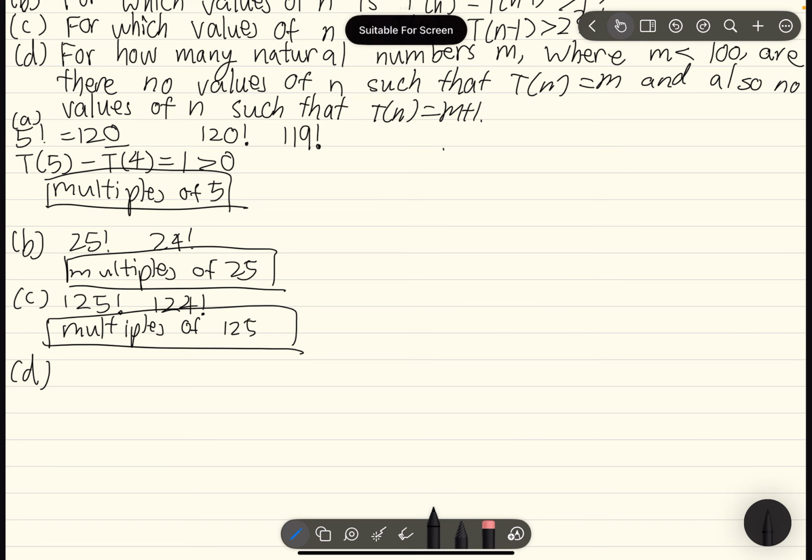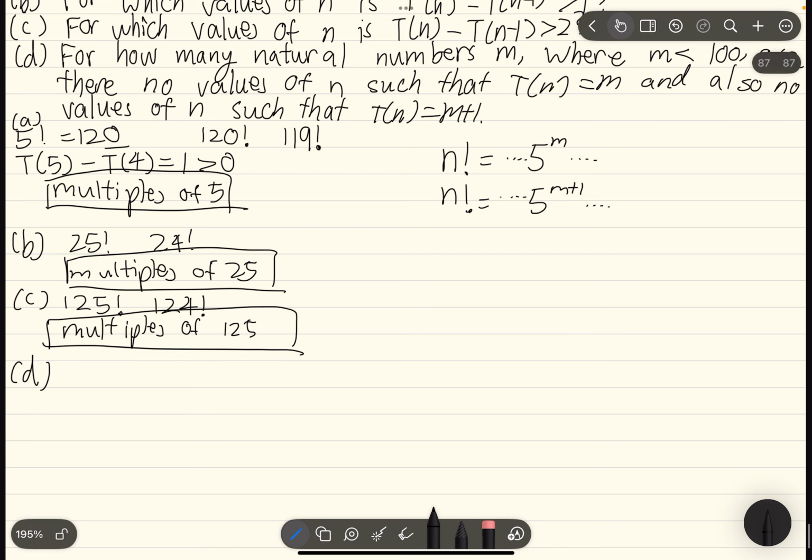So in the prime factorization of n factorial, there isn't any factorization of 5 to the power of m. And there's also no factorization where there is only 5 to the power of m plus 1 in the factorization. So these two cases both don't exist.